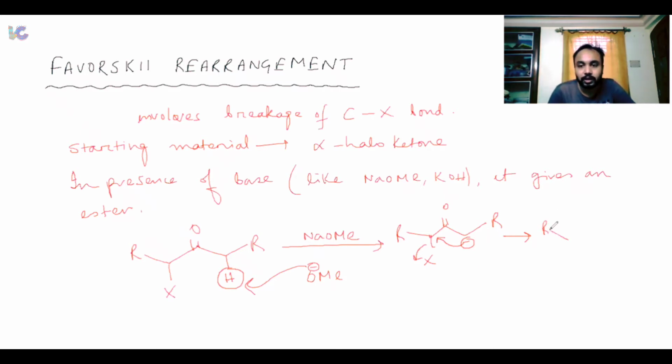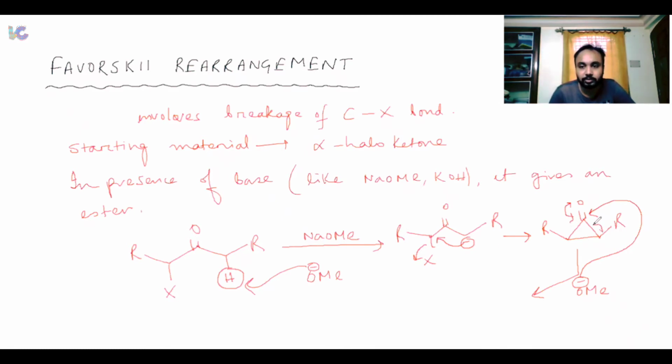So we will get a three-membered ring system like this. And in the next step, this nucleophile, OMe minus, will attack the carbonyl, and here ring opening will take place. Since both R groups are the same, the ring opening can take place from either side, so it doesn't matter.